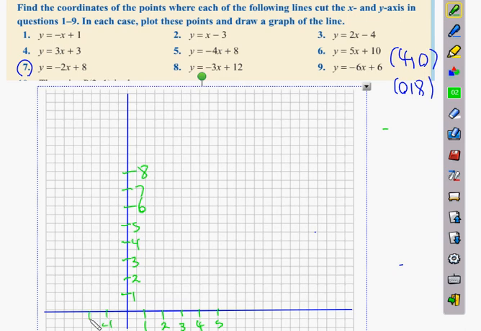Minus 1, minus 2, minus 3. What 2 points do we have? 4, 0 and 0, 8. And then you go from here through to there, there, through here. And there's your line. Everybody happy with that? Okay.